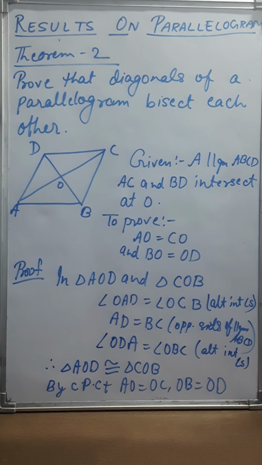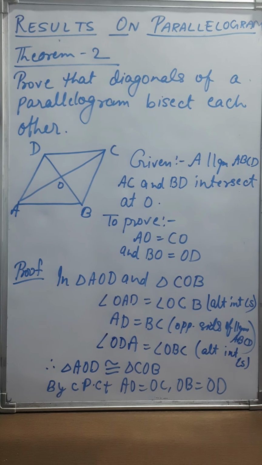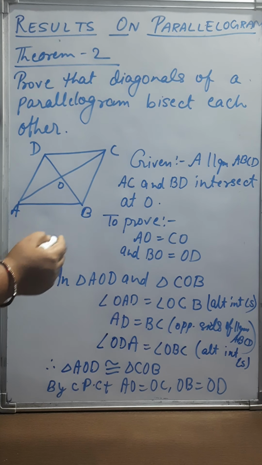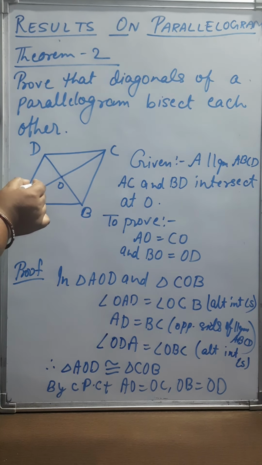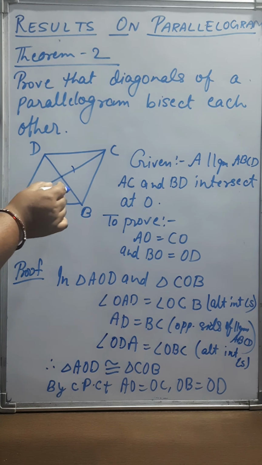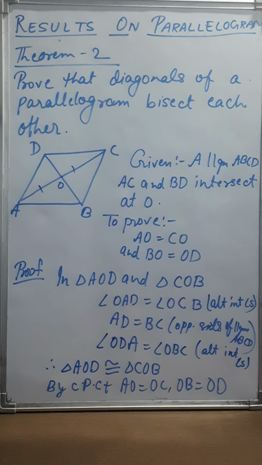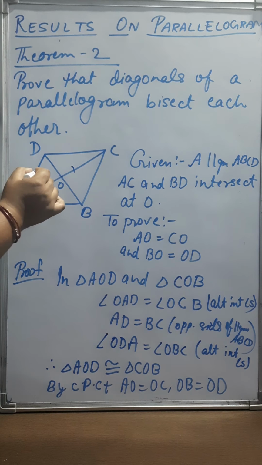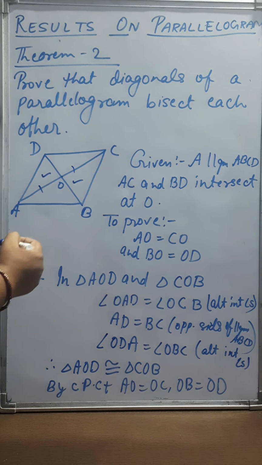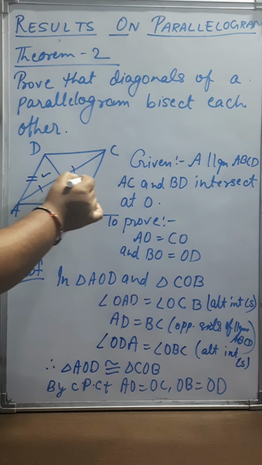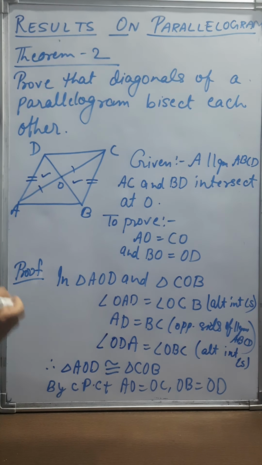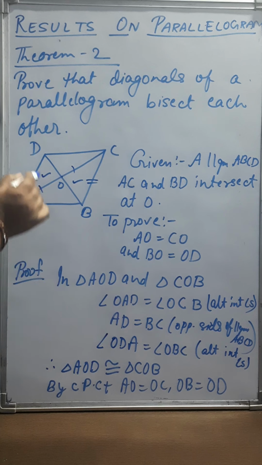Theorem 2 says, prove that the diagonals of a parallelogram bisect each other. So here I took a parallelogram ABCD and its diagonals are AC and BD. Both are intersecting at point O. We have to show that AO is equal to OC and BO is equal to OD. For that, I have chosen two triangles, AOD and COB. AD is equal to BC, as we just proved that opposite sides of a parallelogram are equal.